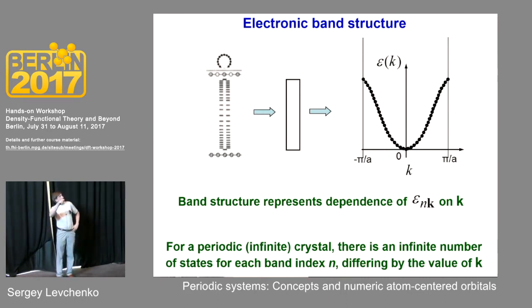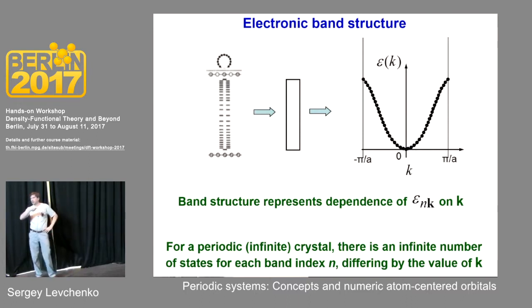So again, if we have a periodic system, we fill a whole band with electronic states, and then we can look at the dependence of the energy of electronic states on this value of k. And if we plot this, we will find a curve something like this in the one-dimensional case, if we have only one-dimensional reciprocal space.